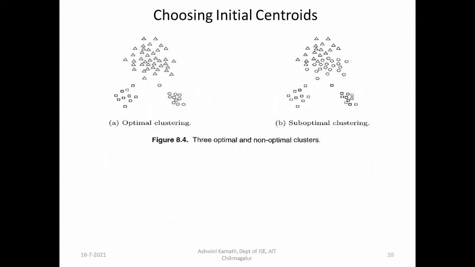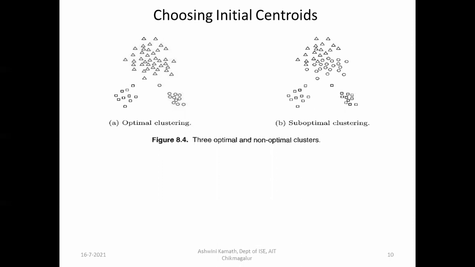Choosing the initial centroid is very important, because if we don't select the initial centroid correctly, it will end in poor clusters. We will see that. The first one is optimal, that is figure 8.4a.